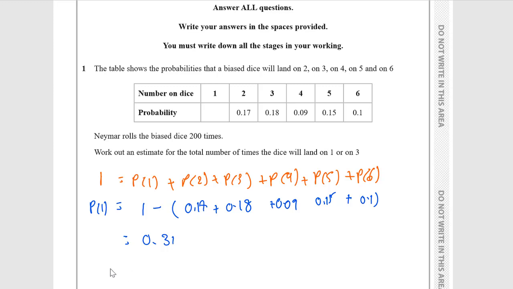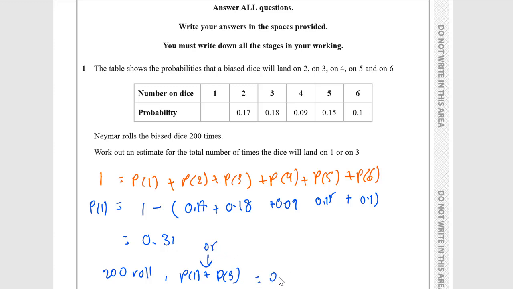Now if we roll 200 times, we want P1 or P3. The "or" represents a sum.